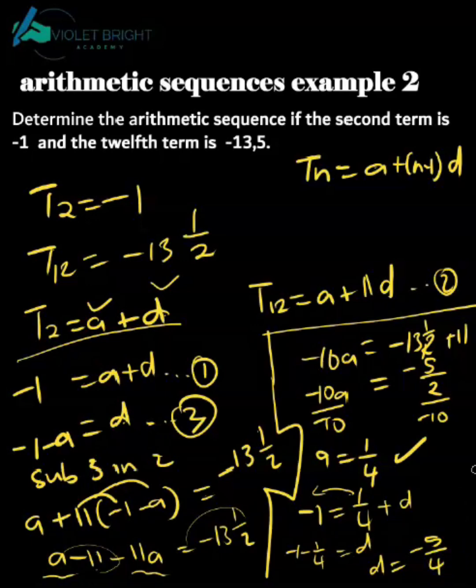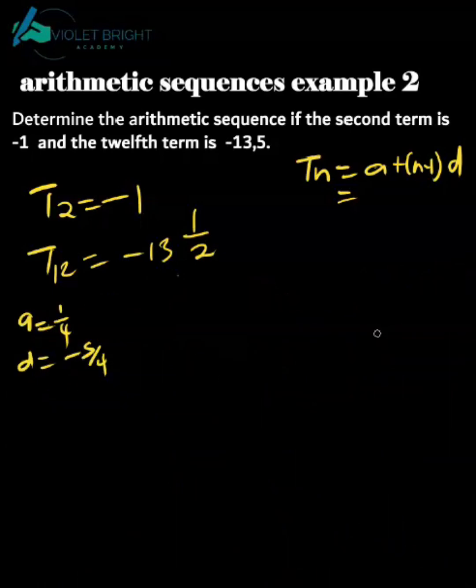So now it will be very easy for us to find the general sequence. So let's just substitute here. We know that our general sequence, let's just erase this whole thing here, it's just messy.